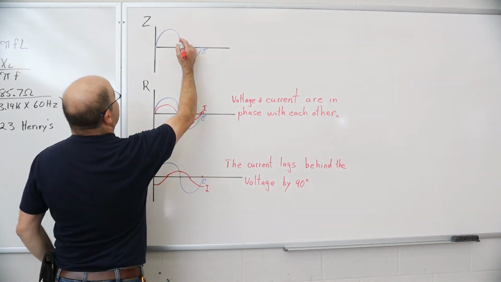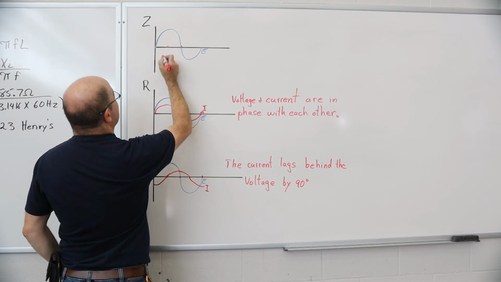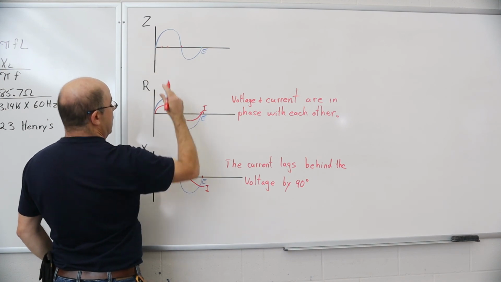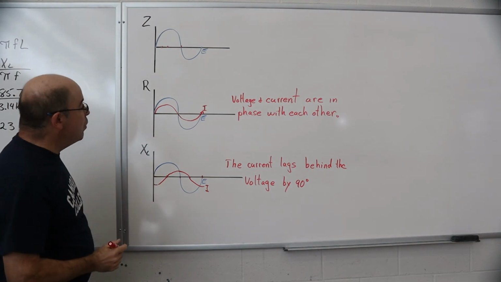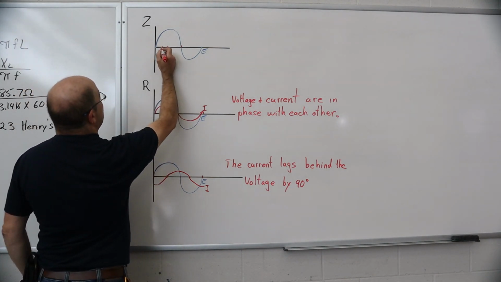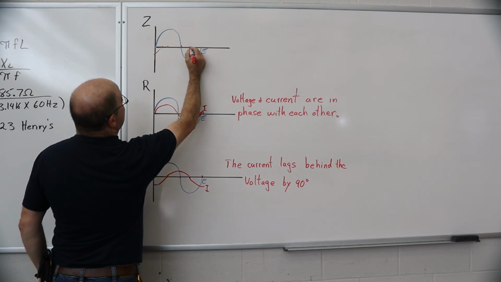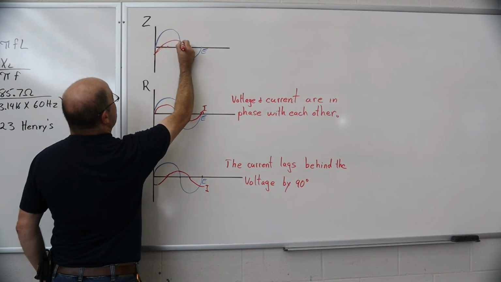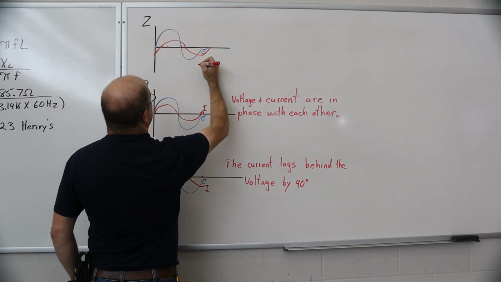Well, here is 180, 90, split the difference, that's 45, so I'm in here somewhere. Now, just like here, the current is going to be lagging, so somewhere about here, I'm going to draw that out. It's going to come down right about there, and that's how I'm going to draw my current waveform, and then it'll come up this way.